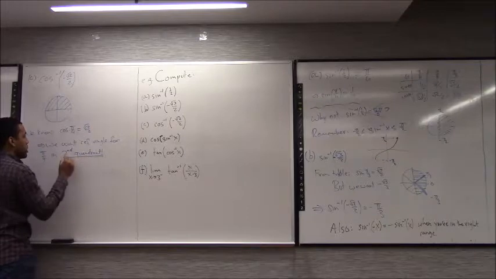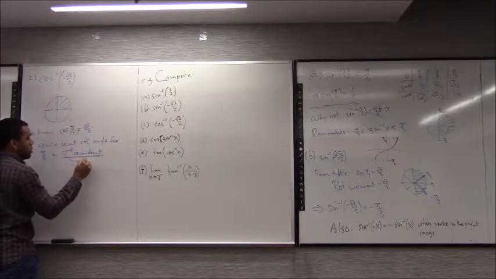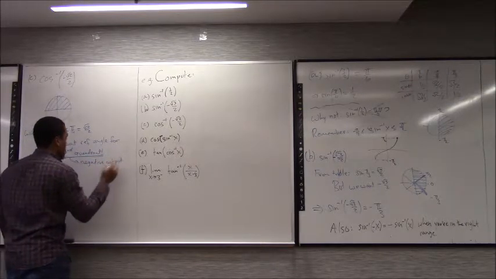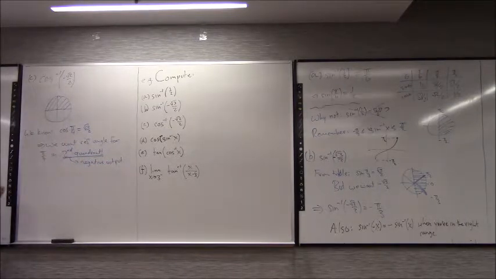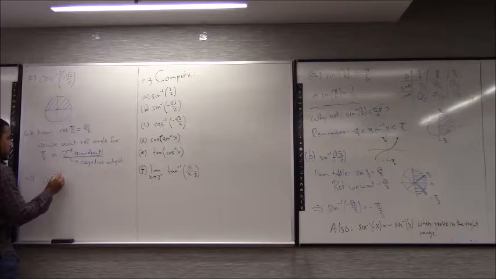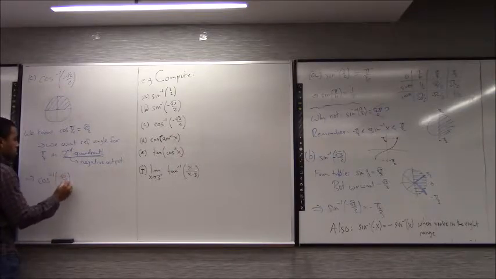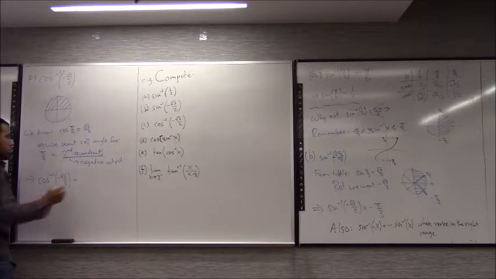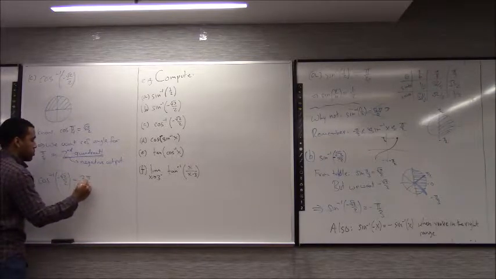Second quadrant because we have a negative output. So this means cosine inverse of minus radical 2 over 2. What would that be? 3 pi over 4.